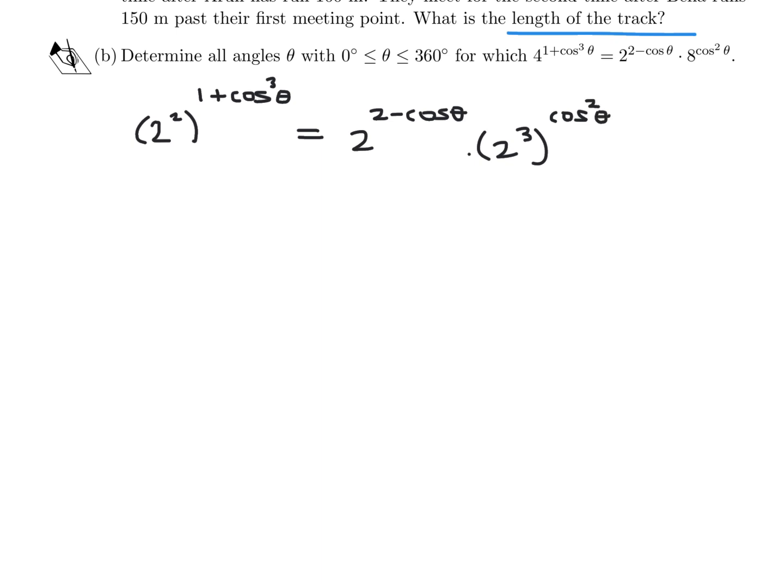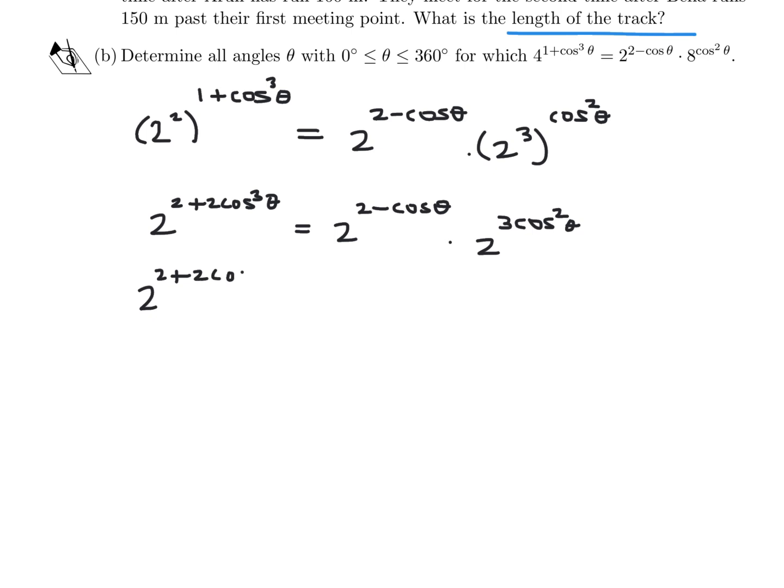Okay, so then if we use the exponent laws, that's going to be 2 plus 2 cos cubed theta. That's going to be 2 minus cos theta. And that's 3 cos theta squared. So 2 plus 2 cos theta cubed is equal to, and then we add these exponent laws, so that's just going to be 2 minus cos theta plus 3 cos squared theta.